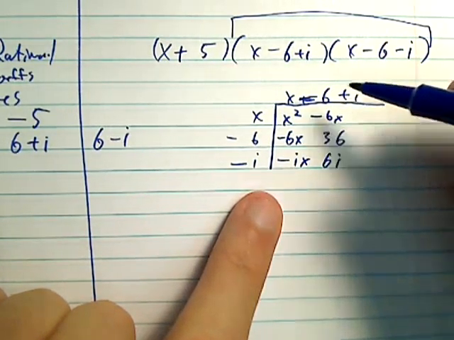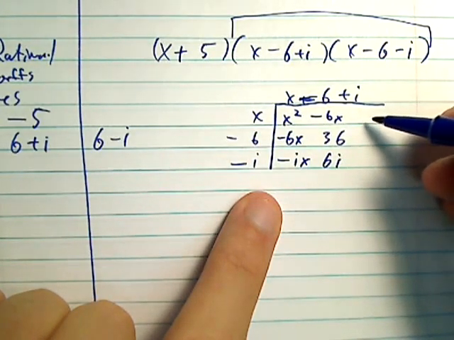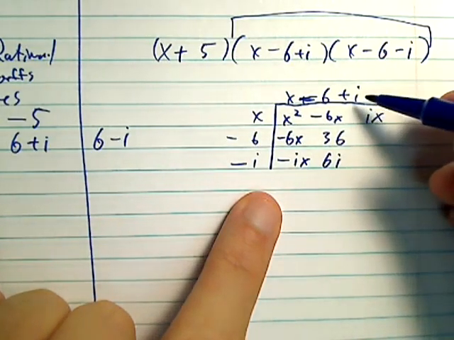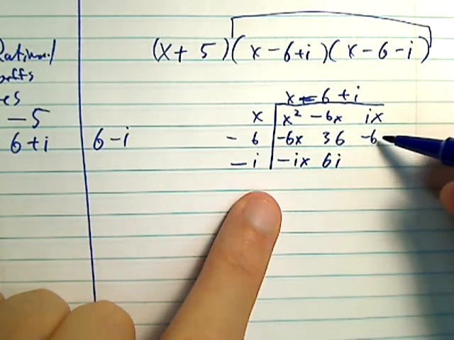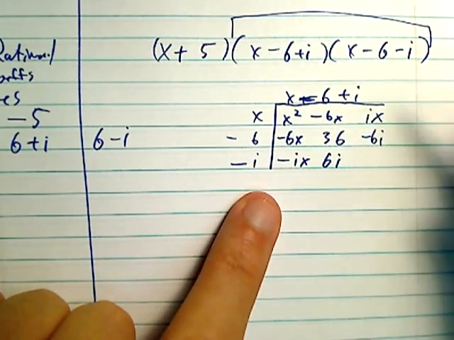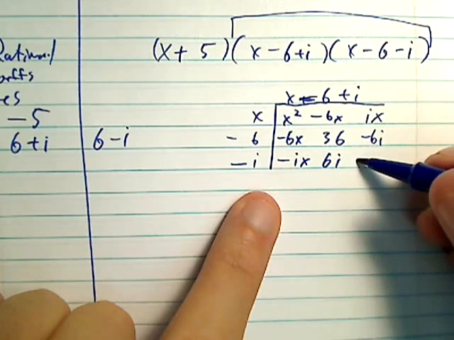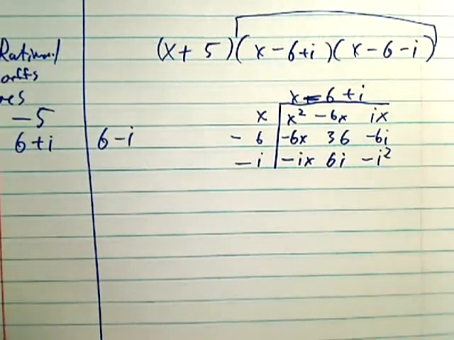Last column here: i times x is ix. i times -6 is -6i. i times -i is -i squared.